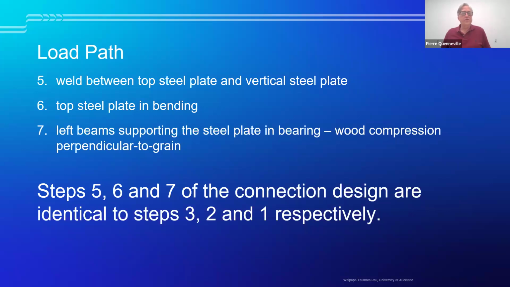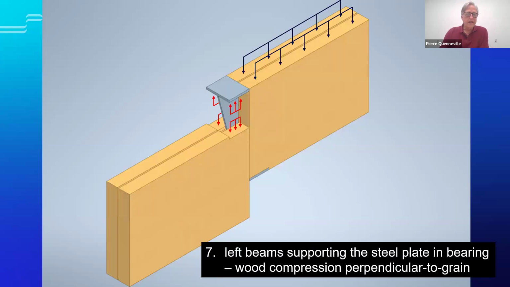So we don't have to replicate the design. The design would be the same at that point. We would just replicate the load from the top plate to the top of our supporting beam.